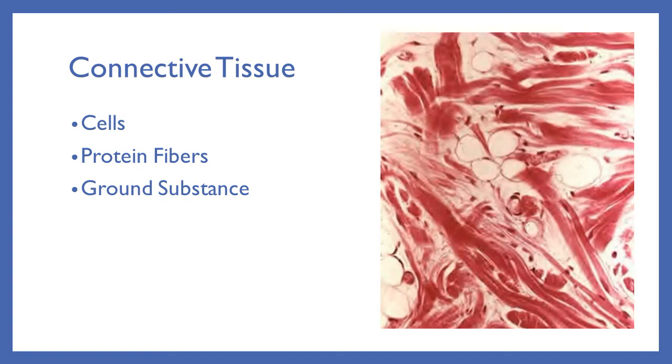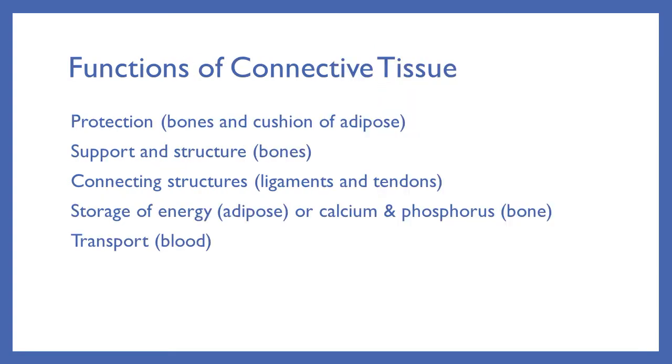Because it is so diverse, its functions are just as diverse. You can see protection. That comes from the bones and also the cushioning of adipose tissue, of fat. It protects your organs as well. Bones provide support and structure to the body.